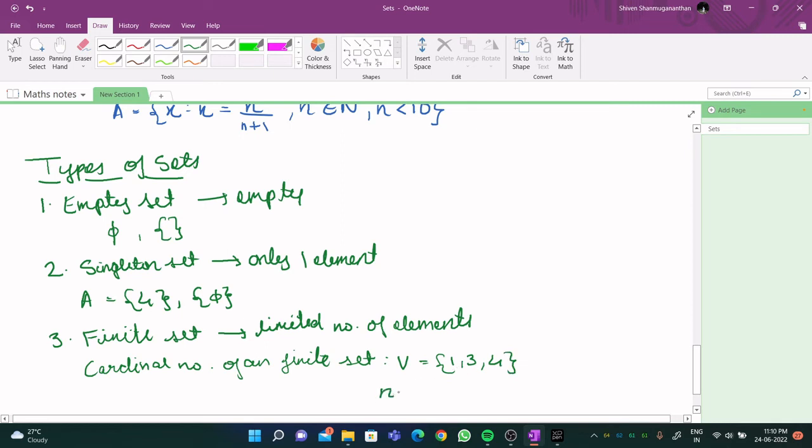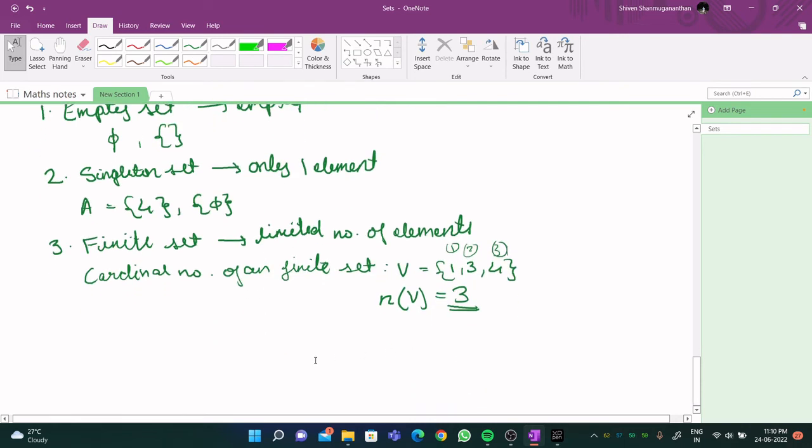Cardinality is nothing but the number of elements a set has. So you can represent that as n of V is equal to 3. It's pretty simple, right? 1, 2, 3. Good.